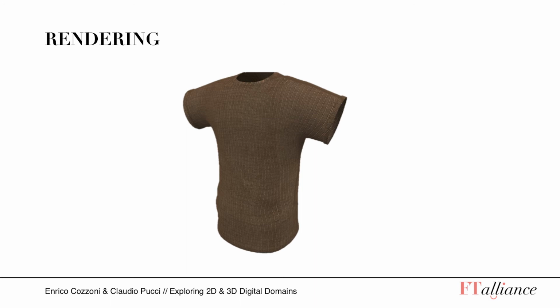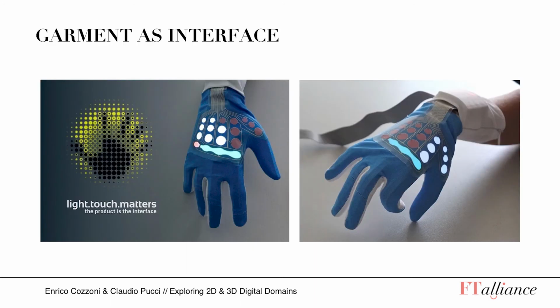Going to the second course. The second course is where we shift from the 2D dimension to the 3D dimension. 3D dimension, for us, means mainly interface. We have worked a lot on the concept of garment as interface.